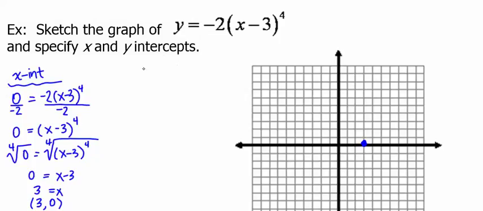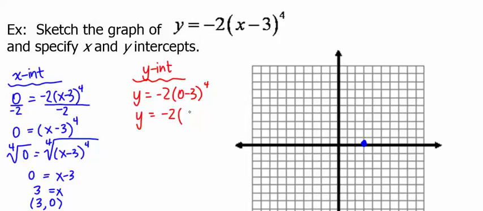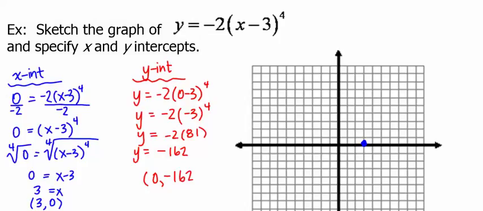Our y-intercept is the value of y when x is 0. -3 to the 4th power is 81. 81 times -2 is -162. So our y-intercept is 0, -162.